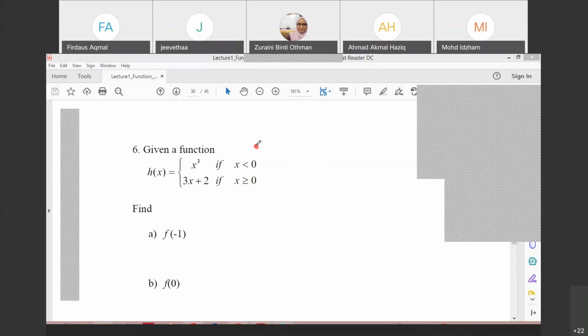When we talk about domain, we are referring to the x, right? So from the question, give the value of x is less than 0 and x is greater and equal to 0. Then we know that the domain will be from negative infinity to infinity. Understand? Any question?